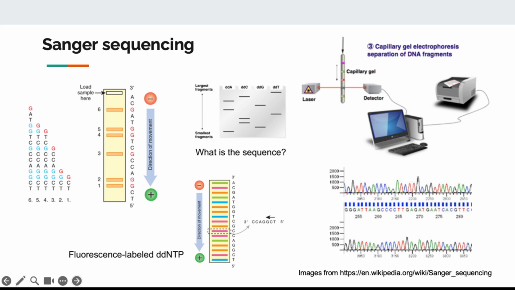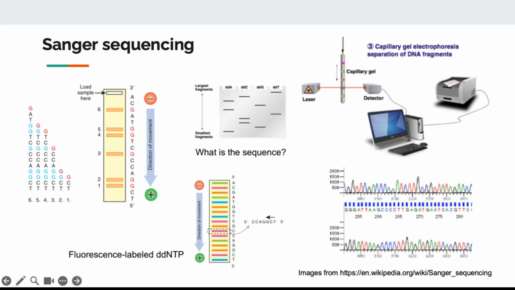On the gel, you will see bands corresponding to all these different possible products. And if you repeat this experiment, not with ddGTP, but with ddATP, ddCTP, and ddTTP, you will get 4 lanes of gel. In each lane you get bands that correspond to different nucleotide lengths.